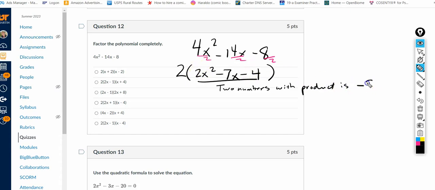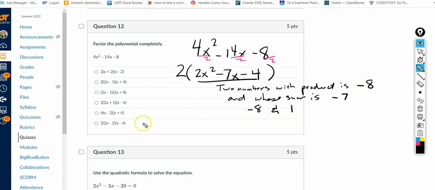So whose product is negative 8. And at the same time, whose sum is what this middle number is. And we should be able to do that, negative 8 and positive 1. Negative 8 times 1 is negative 8. Negative 8 plus 1 is negative 7.